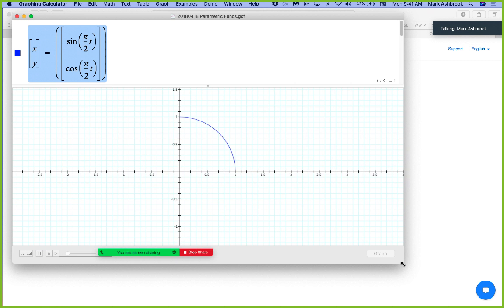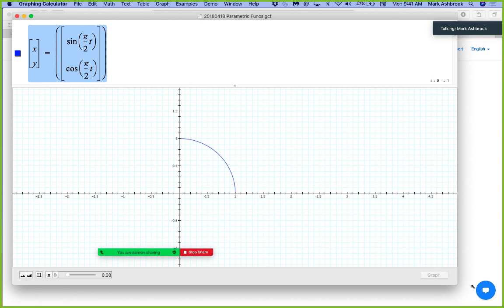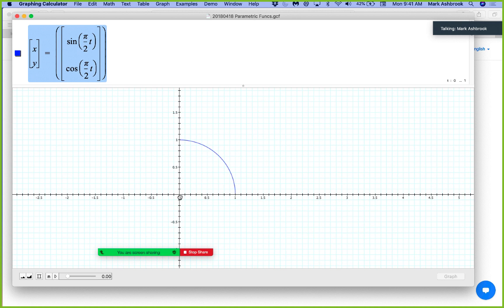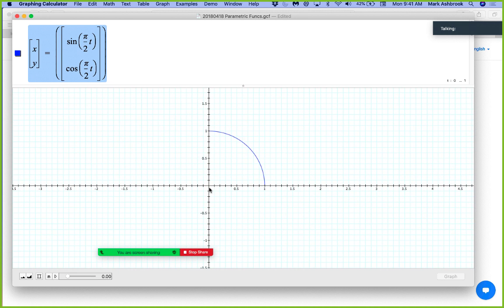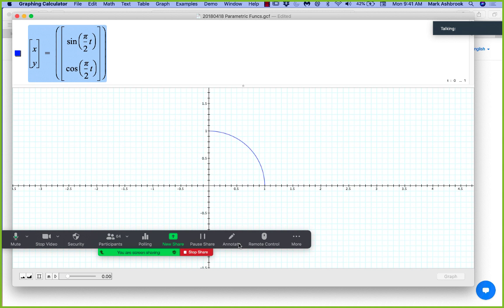So last time we were looking at this parametric function, which was sine of pi over 2t and cosine of pi over 2t for x and y.